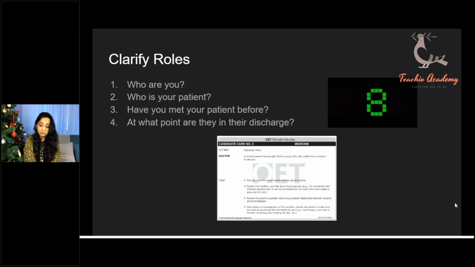So what my point was here is, don't assume that you're going to use your standard introductions or the standard sentence, what brings you into the hospital or how are you feeling now. The point is that you need to understand and clarify your roles very initially in your OET speaking, because that's actually going to enhance your score.